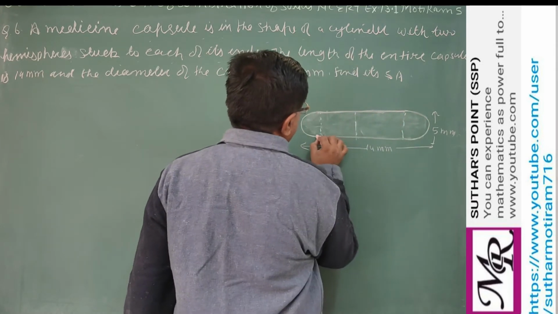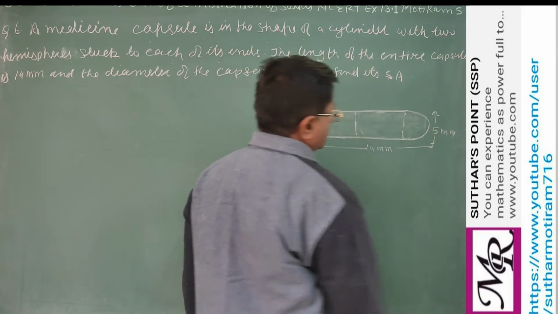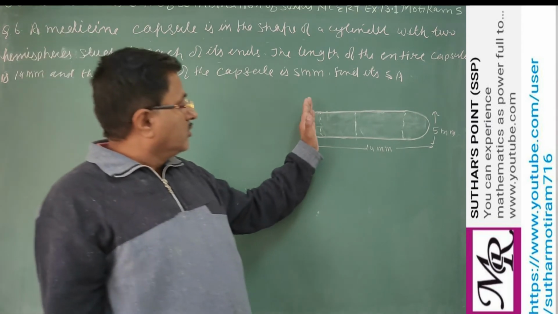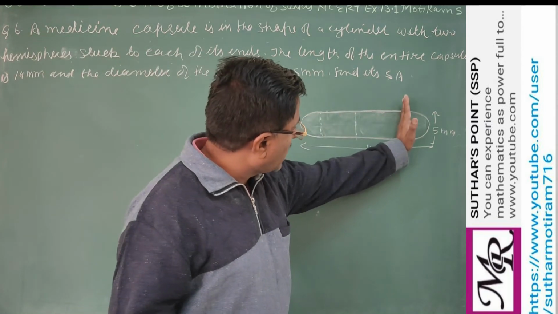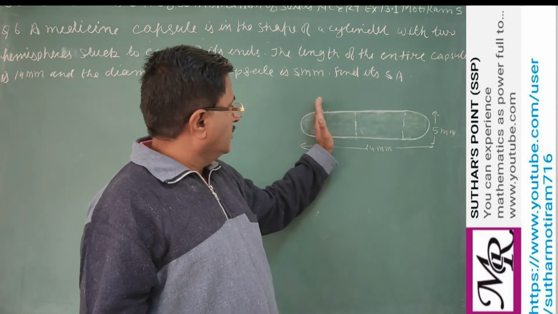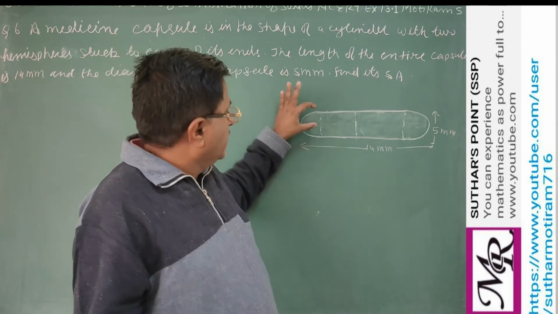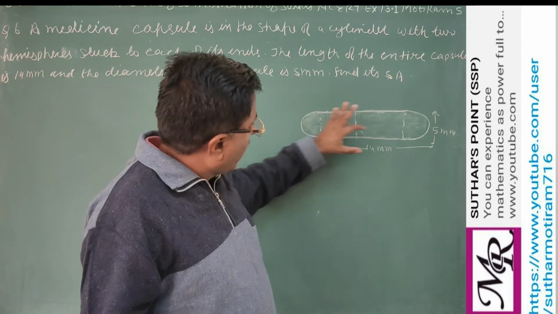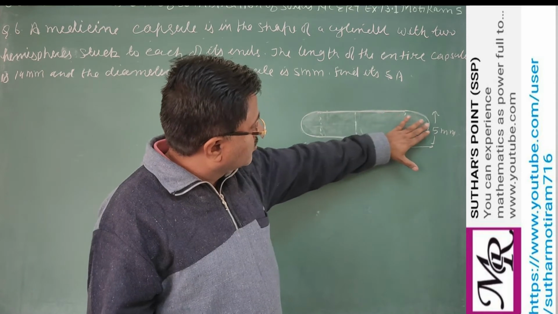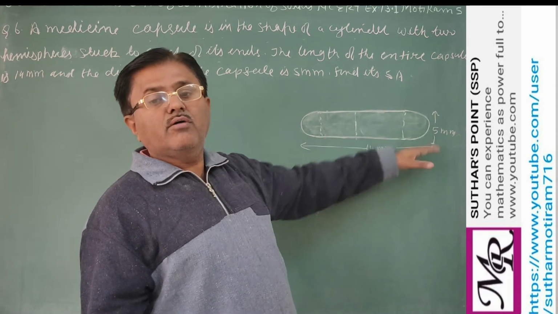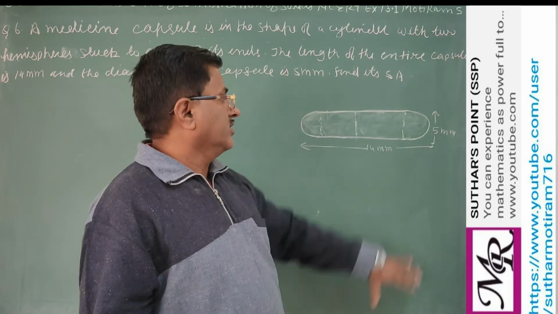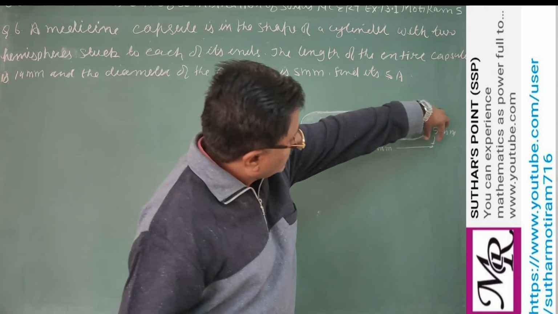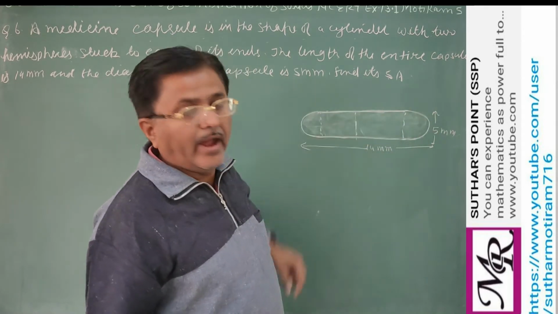You are already familiar with this one. The middle part is in the shape of a cylinder. The two ends of this capsule are in the form of hemispheres.